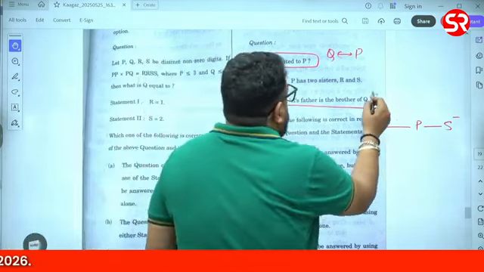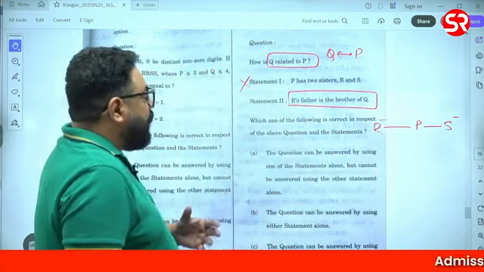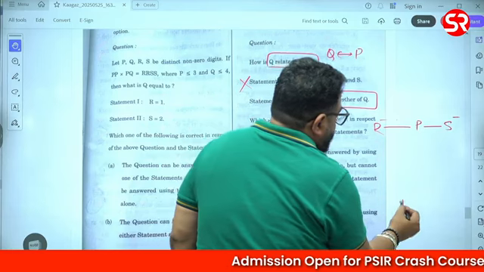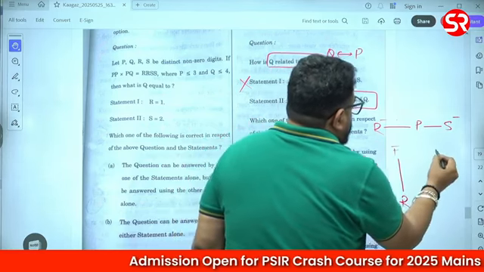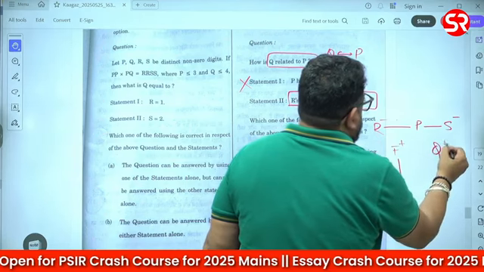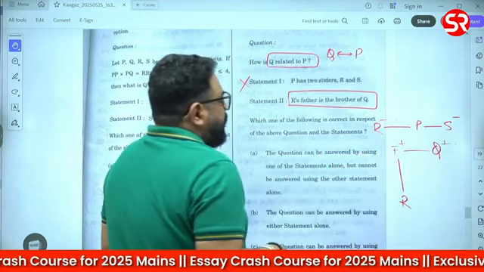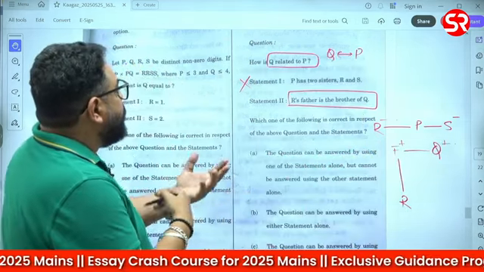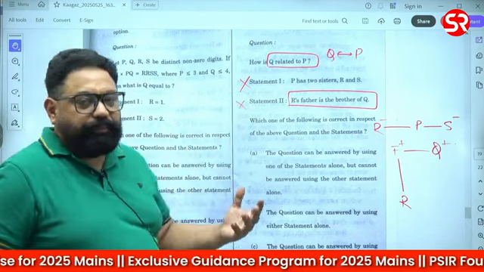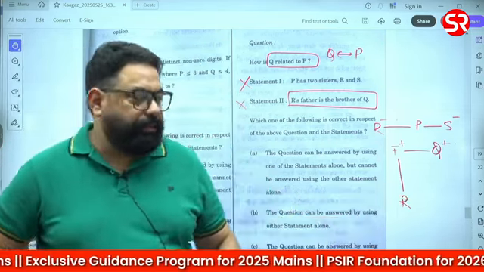Second statement, R's father is Q's brother. But the second statement alone is not giving you any relation. You would have to mix them. Both the statements individually are not giving you the answer.